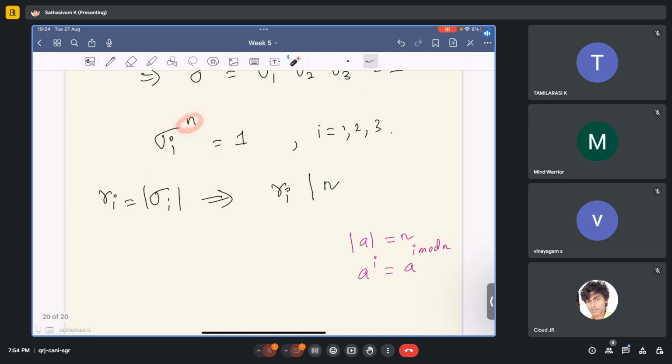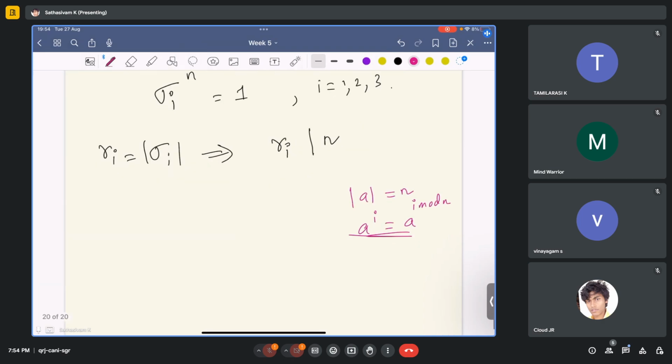So that means what happens is that from this one, if you are using it, what you will get is n is congruent to Ri mod n. So that means n is what? 0 is congruent to Ri mod n, right? That is what you get. That means Ri is a multiple of n.